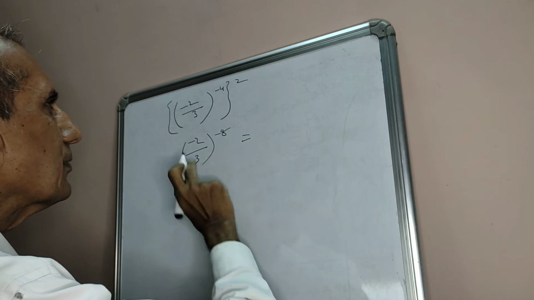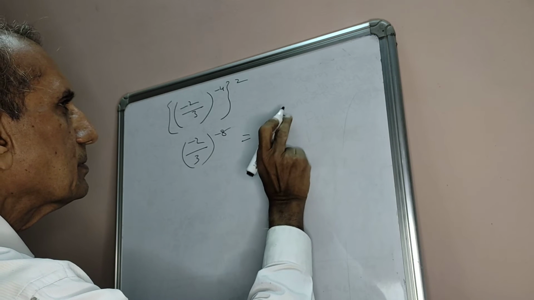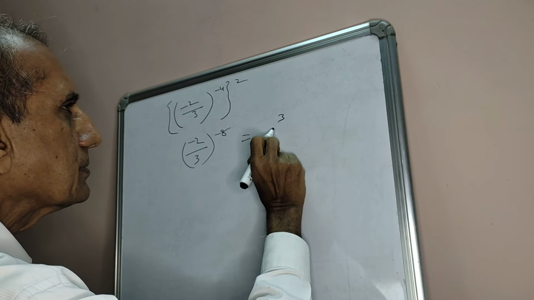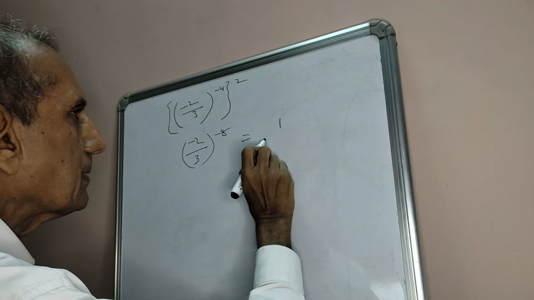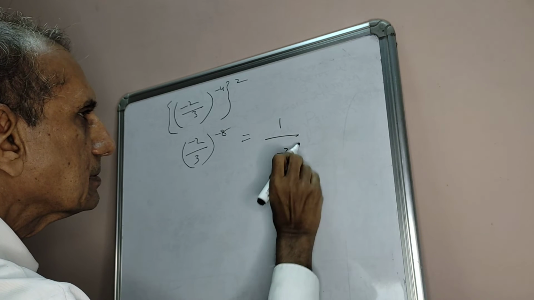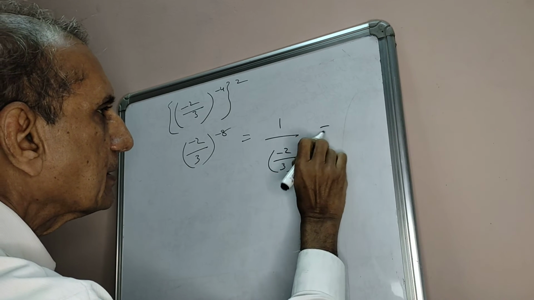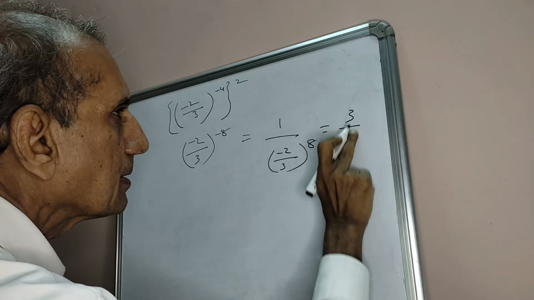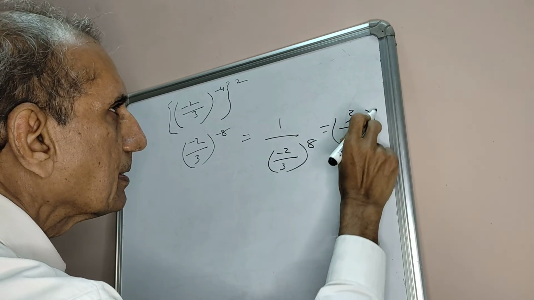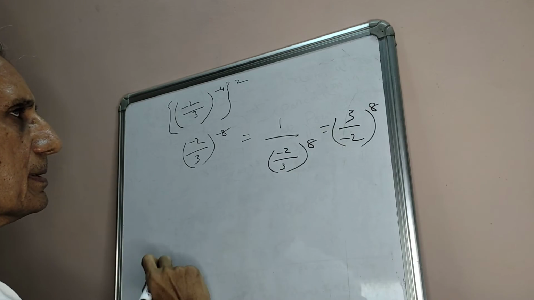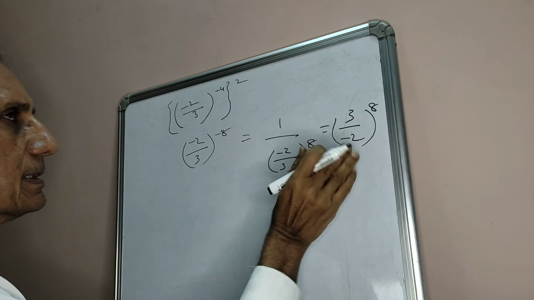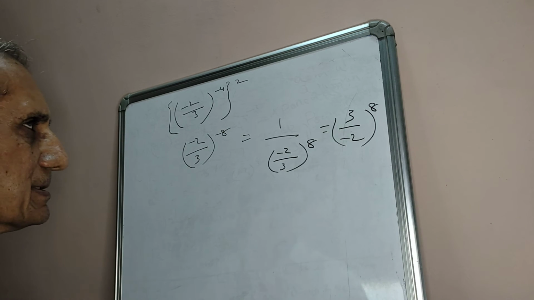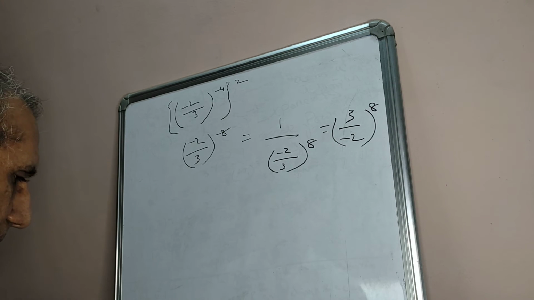I can invert this, so 3 by minus 2 to the power 8. You can either leave it here as the final answer, or simplify and find the final answer. Either way, it's okay.